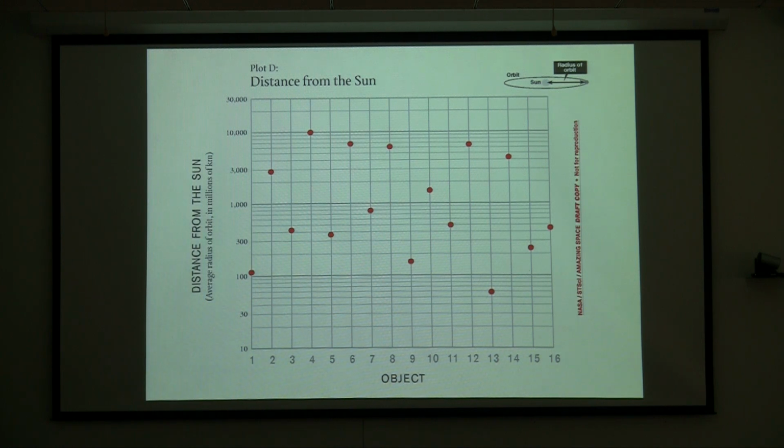Tell them about what kids say when working with children, how they respond. When we work with kids, they would get very frustrated at this plot. When they were looking at the other plots, they could see that most of the things are here, and only a few things are there, or vice versa. They would get very frustrated at this plot because they couldn't see a pattern to it.